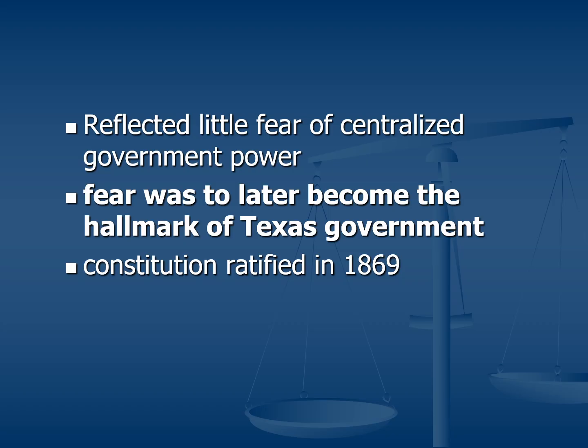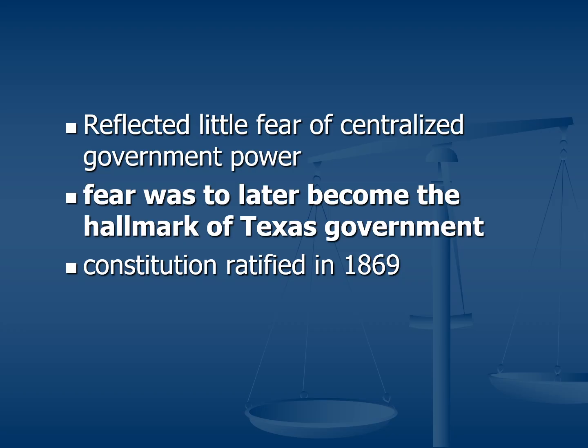But because of what happened with E.J. Davis, and I've mentioned him before and we're going to start talking about him again, that fear was to later become the hallmark of Texas government, why we as Texans say we don't want a lot of government. It doesn't matter what your political party is, whether you're liberal or conservative, we in Texas don't like to have a lot of government intervention, and it was because of the way that this particular constitution was set up.